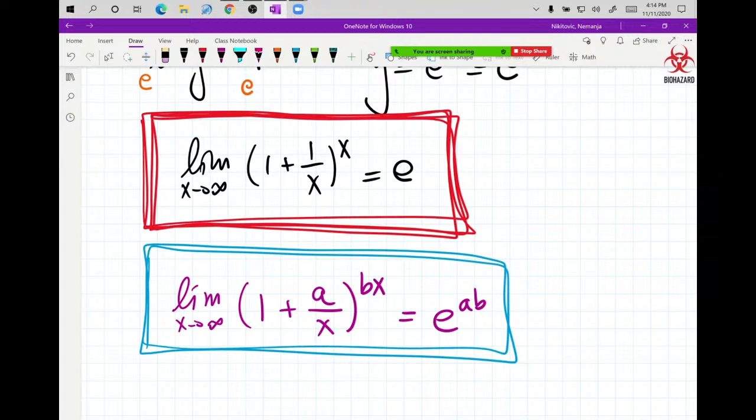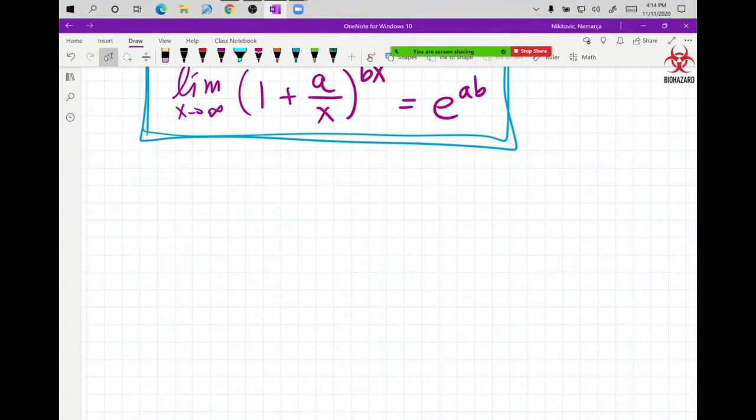Cool. Now, let's do another example of these exponential things. I'm just going to pick something from homework. Let's see. Oh, well, number 78 is sine raised to the tangent, as x goes to 0.